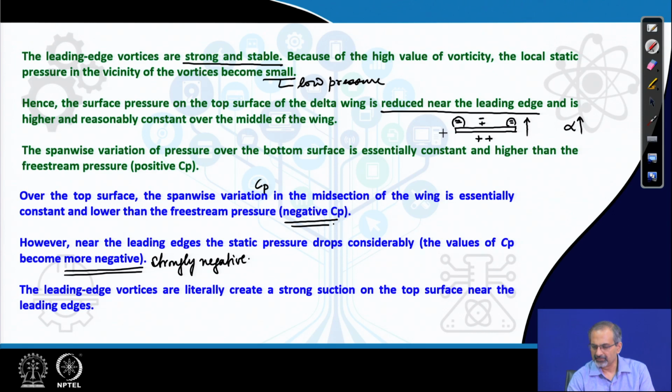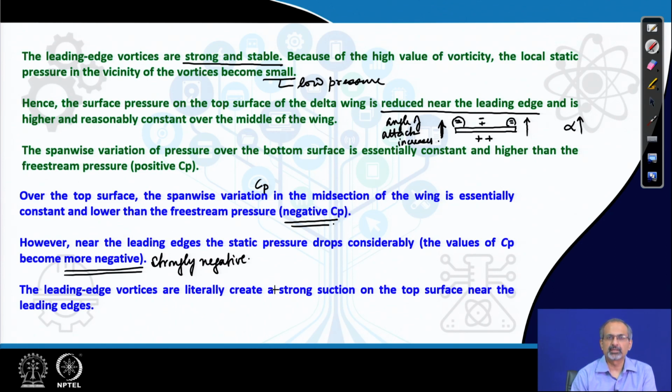And these effects become stronger, that means the negative sides become further negative as angle of attack increases. Similarly, the positive pressure on the lower side in terms of the pressure coefficient becomes more strongly positive.